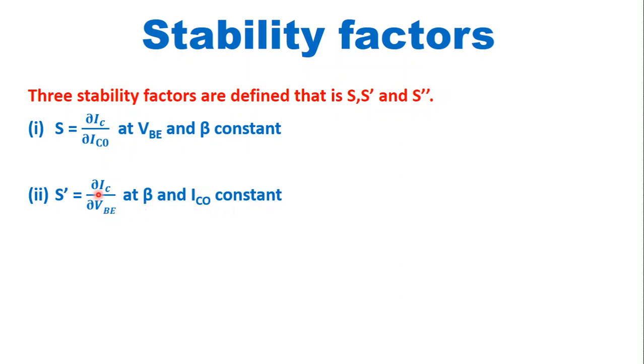It is defined as the rate of change of collector current with respect to base emitter voltage VBE at beta and ICO constant. Third one is S double dash which is equal to del IC upon del beta at VBE and ICO constant, which is defined as the rate of change of collector current with respect to base current amplification factor beta at VBE and ICO constant.